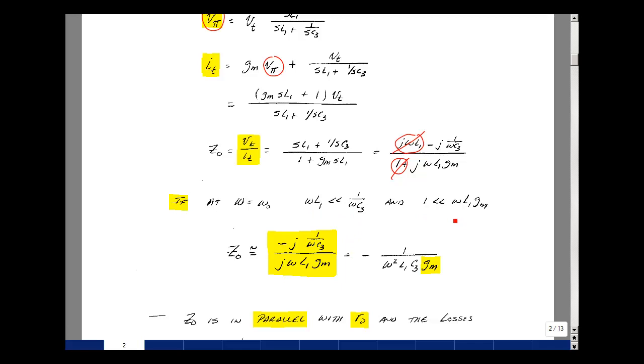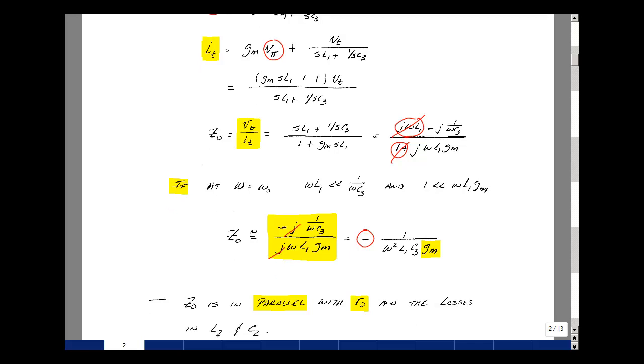If that's true, then Z out is equal to minus j times 1 over omega C3 divided by j omega L1 GM. Now the j's cancel. You bring this numerator into the denominator, so I get 1 over omega squared L1 C3 GM, but I have a minus sign. And now I've created a negative resistance at a single frequency.